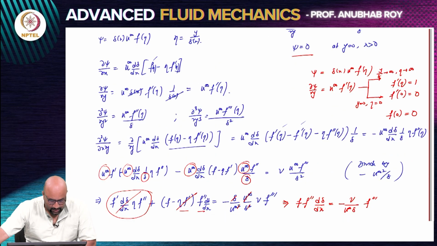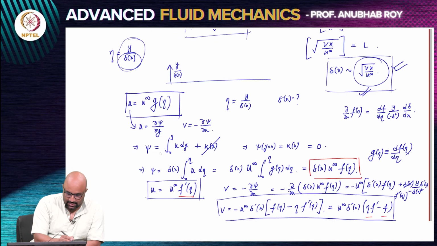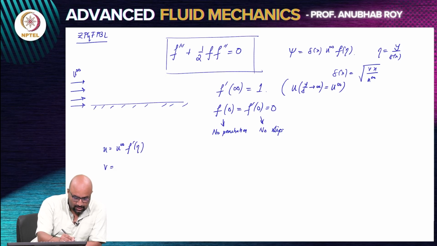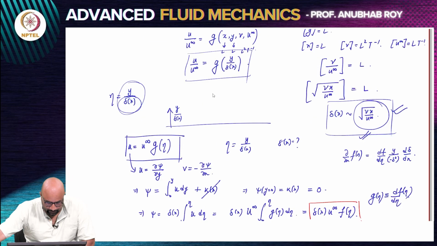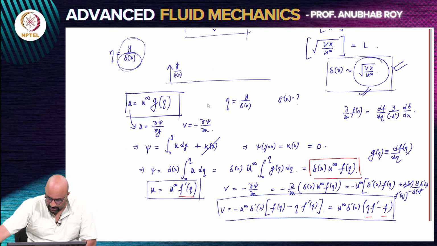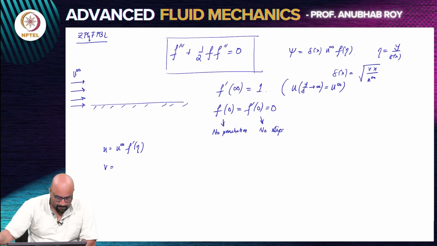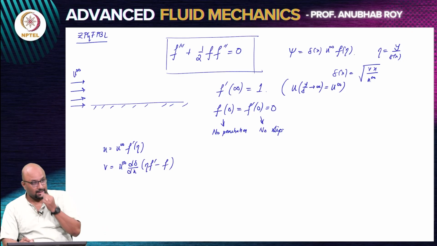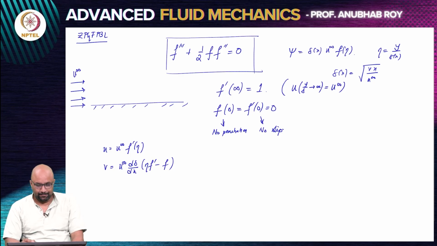So, we obtained that our velocity in the x direction is u infinity f prime of eta, and the velocity in the y direction is u infinity delta prime, or rather let me write it as u infinity d delta dx (eta f prime minus f), because prime I am reserving as differentiation with respect to the variable eta.